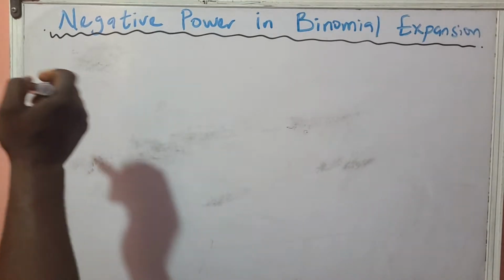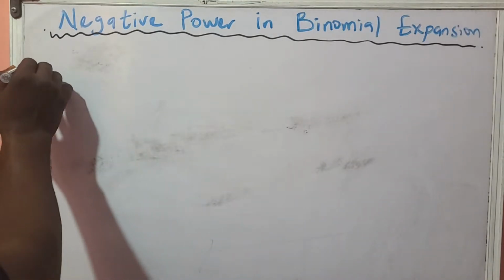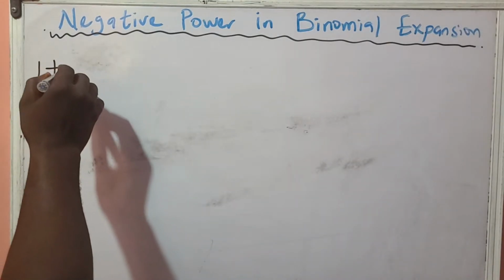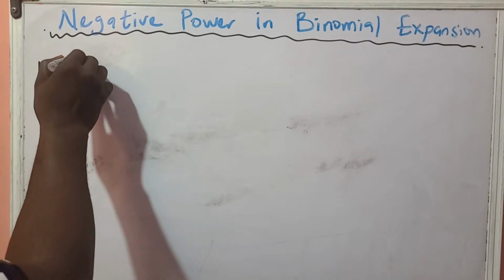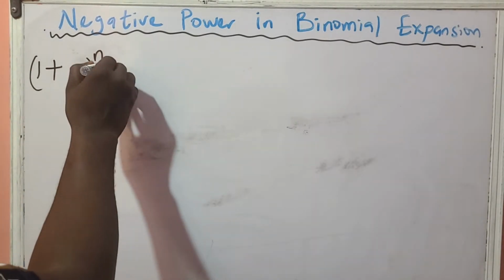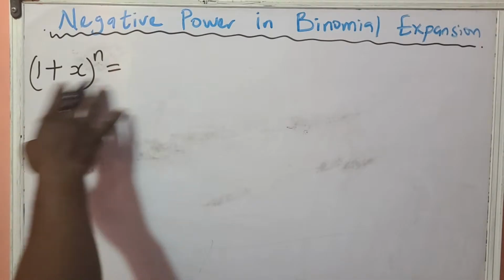The general formula while dealing with binomial expansion with negative power is given as this.